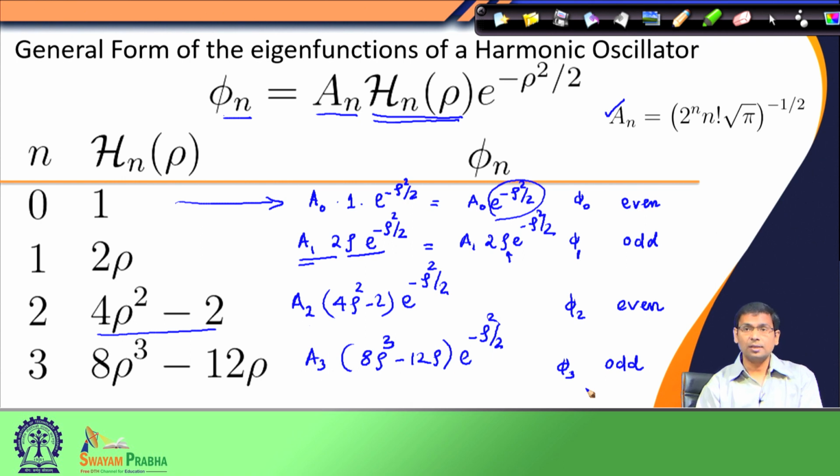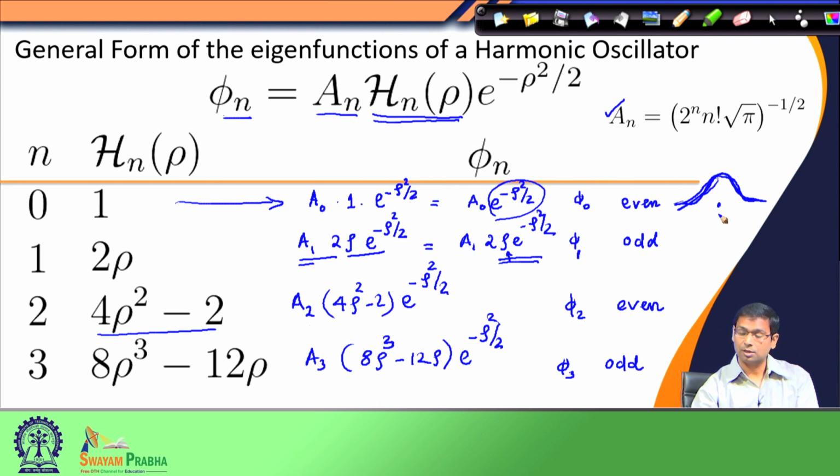The other thing that you would like to notice here is that when I have this functional form of rho into e to the power minus rho square by 2, I am multiplying two functions, one rho, another this bell shaped Gaussian function. The Gaussian function e to the power minus rho square by 2 is symmetric around x equals 0, and when I multiply this with rho I get this function.